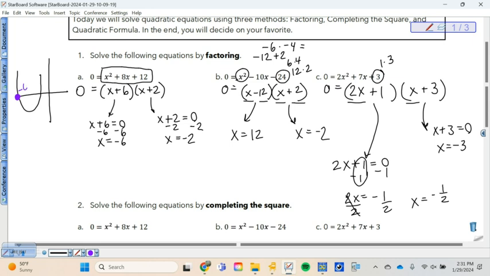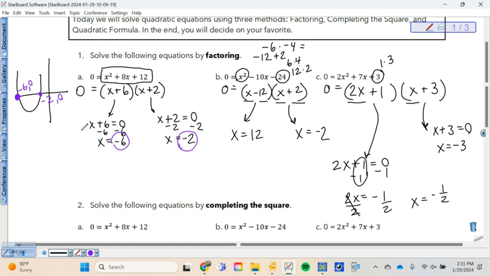Yeah, that's -6, 0, right? And this point here is -2, 0, right? Our solutions here tell us where the x-intercepts are, where the parabola crosses the x-axis, okay?